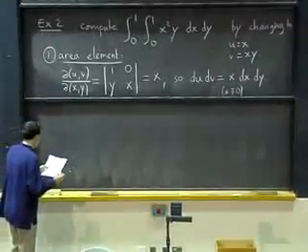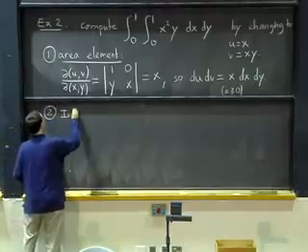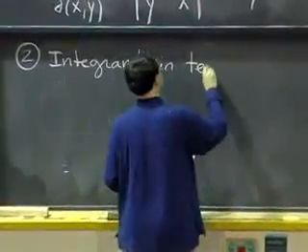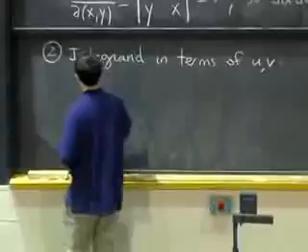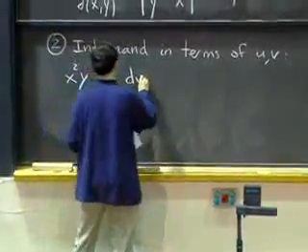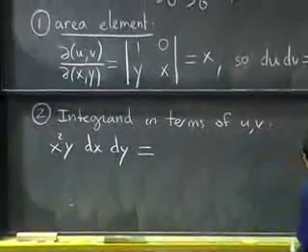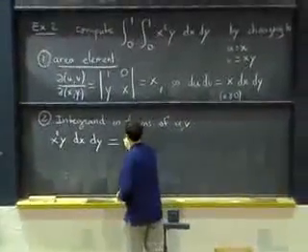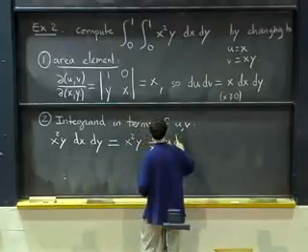So now that we have that, we can try to look at the integrand in terms of u and v. So we were integrating x squared y dx dy. Let's first switch the dx dy. That becomes 1 over x du dv.